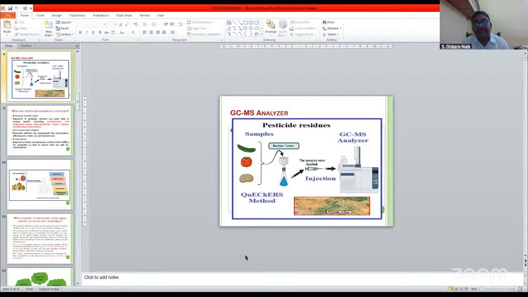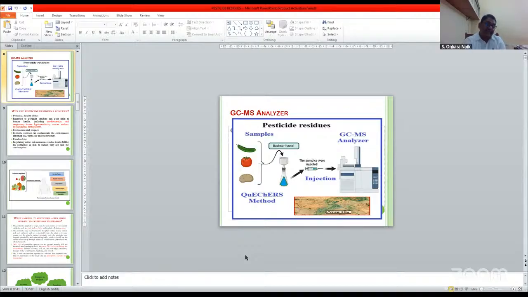And environmental contamination: pesticides can be transported through air, water, and soil. These three are the major entities where we are polluting a lot. And bioaccumulation: pesticides can accumulate in organisms through the food chain. It is very potent. Why?